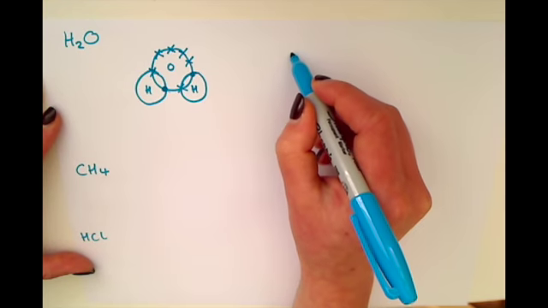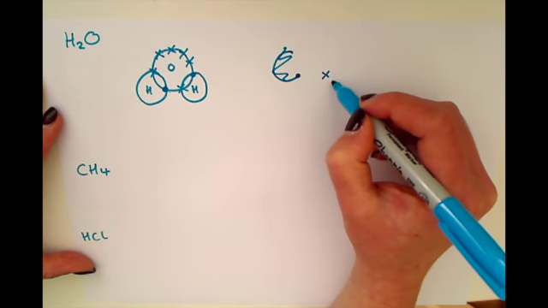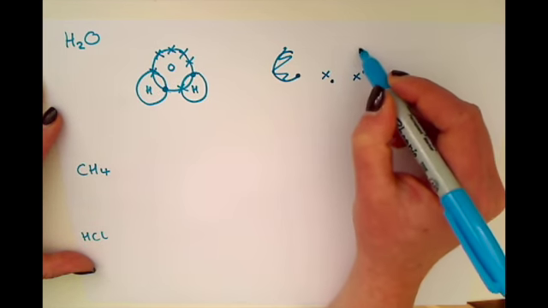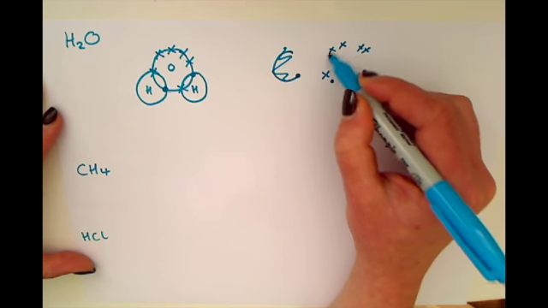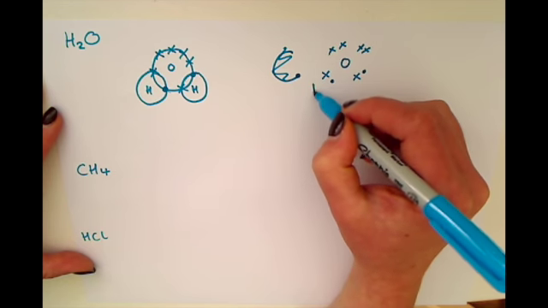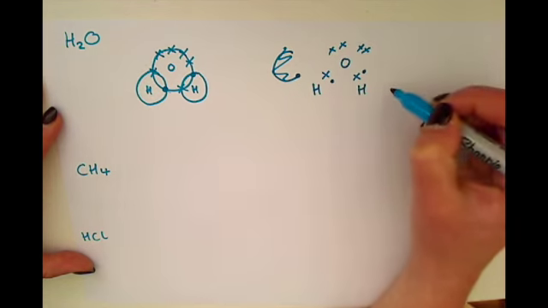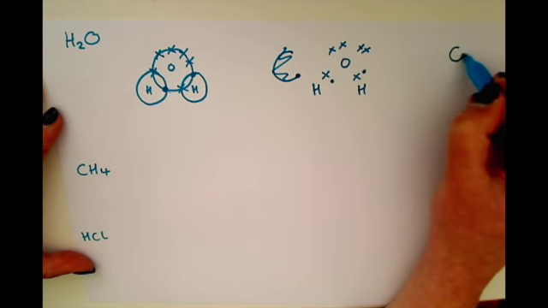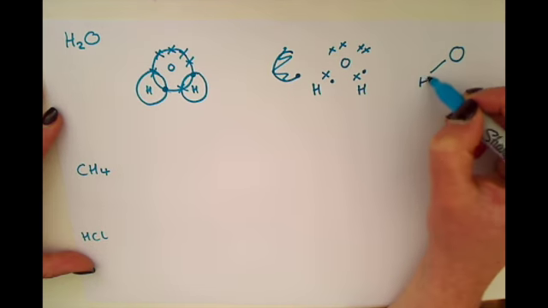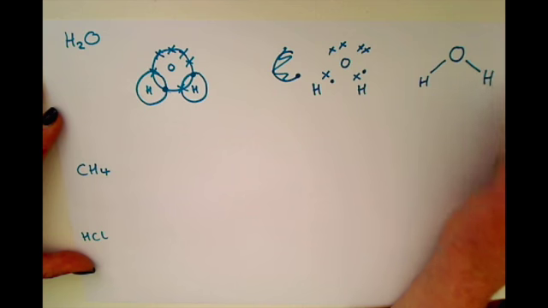Without the rings we could draw it again, just with the electrons. Show oxygen and the hydrogens, and finally if we were to draw it just by our lines representing covalent bonds, we could draw water like this.